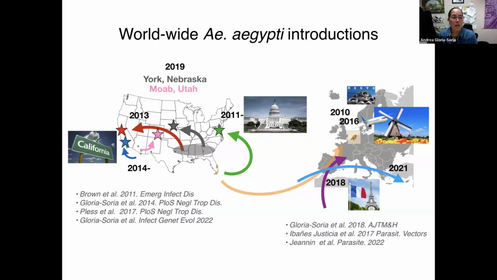Here are only a few examples that had been already published. When the mosquito appeared in California in 2014, the occurrence of Aedes aegypti in Washington, D.C. starting in 2011. Most recently, Nebraska and Utah also reported Aedes aegypti, and we have done several trackings of mosquito introductions to Europe as well.